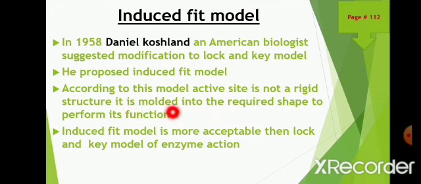It is molded into the required shape to perform its function. It means that the active sites are not rigid, they can change their shape according to the shape of the substrate. Induced fit model is more acceptable than the lock and key model of enzyme action.